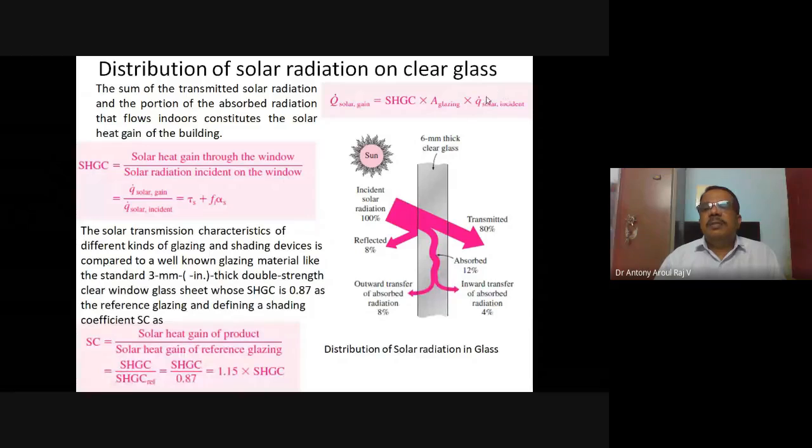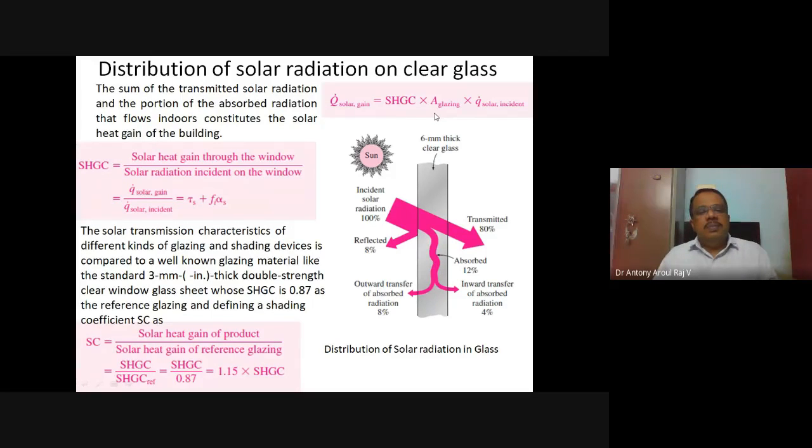That value in watt per meter square, you can put it here and multiply by the meter square area of the glazing, so I'll have watts. This has no unit, it is a fraction. So when I multiply, I'll get the solar heat gain through glass in watts. That is the significance of SHGC, solar heat gain coefficient.